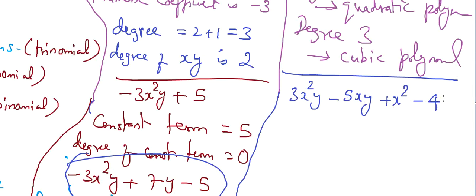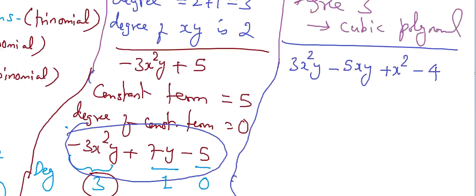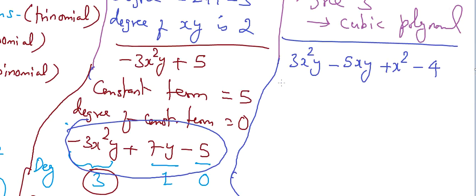So how many terms does this polynomial have? Number of terms is 4. Correct. So this is 1, 3x square y; minus 5xy second term; x square third term; minus 4 fourth term. So the number of terms is 4.